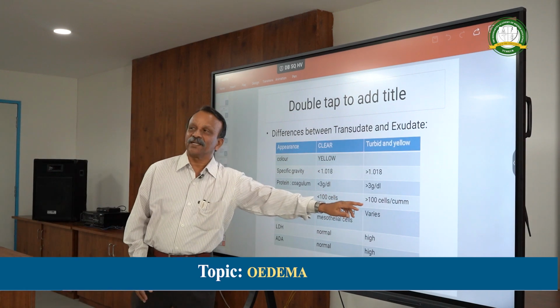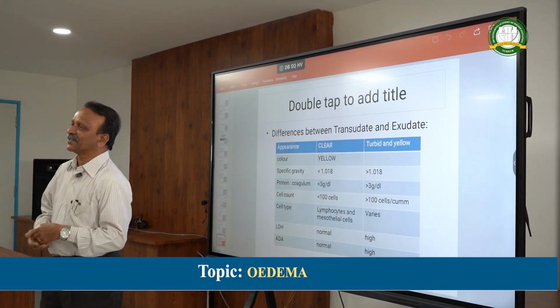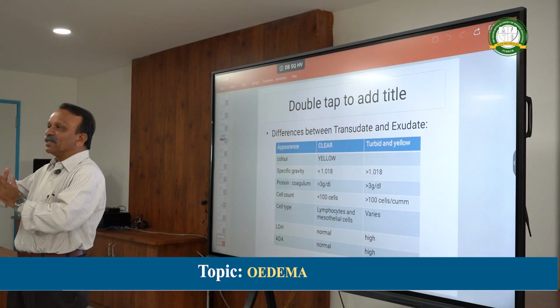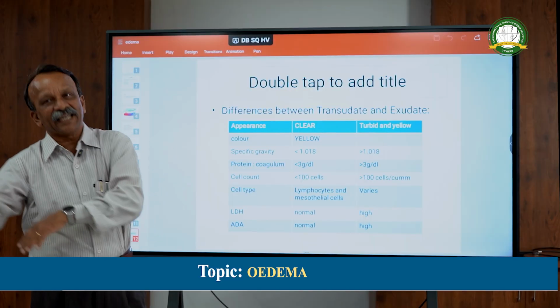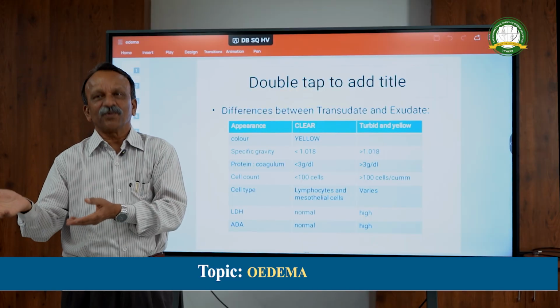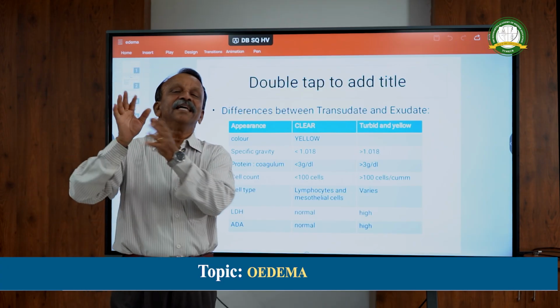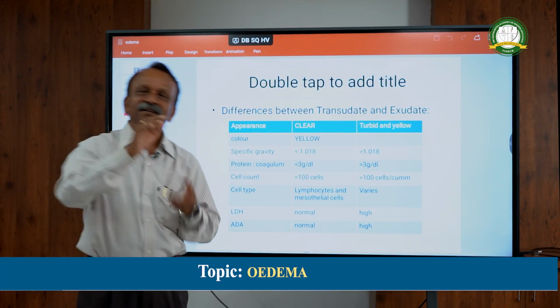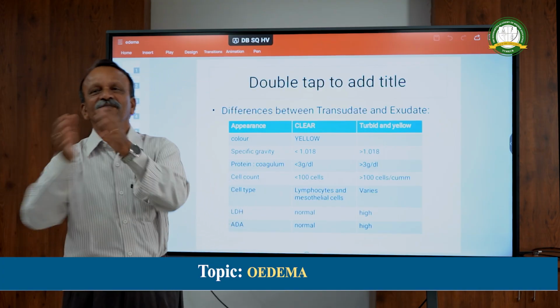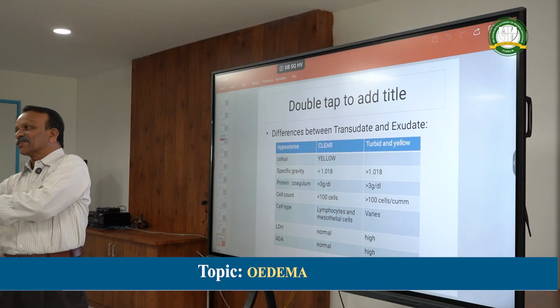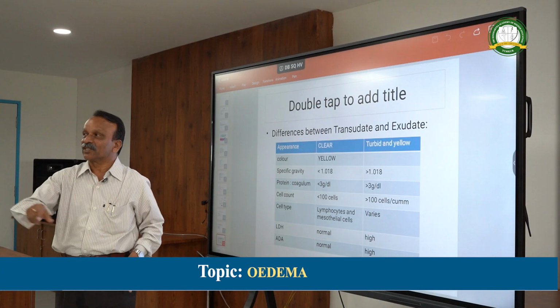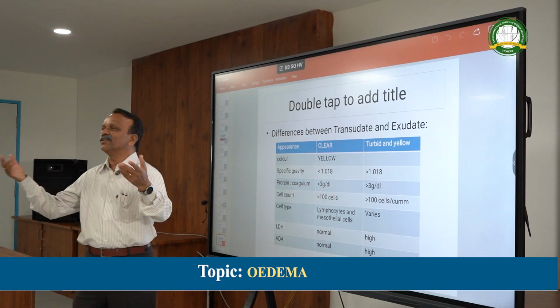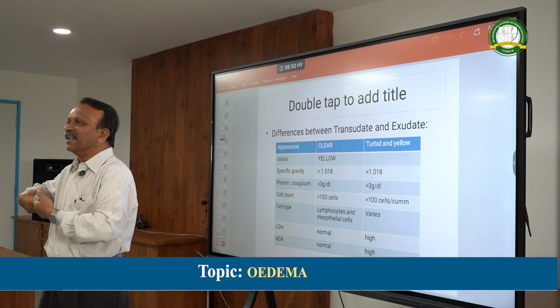Whereas in case of exudate, it is more than 100 cells per cubic millimeter. So that means more cells are seen in the exudate because it's an active process, and it is because of increased vascular permeability. No doubt the proteins and even the cells can transfer from the intravascular to the extravascular compartment, resulting in the exudate. That is what is seen in case of tuberculosis of the lung tissue.